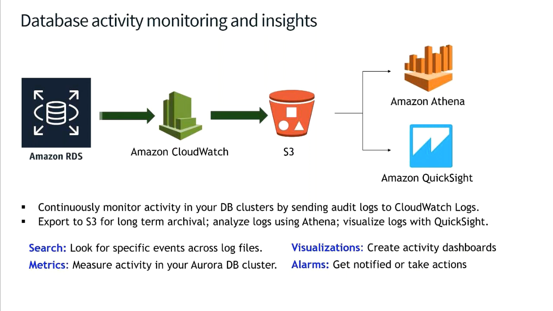And you can use that to look at all the events that happen in your database, to search for them, to set alarms, to visualize them. Basically, any tool that can work off of the Amazon S3 service would be a way that you can analyze your database metrics and events.